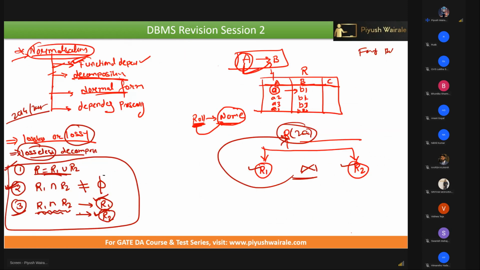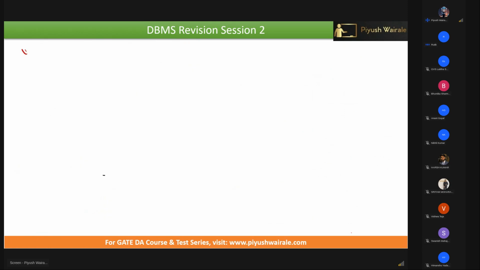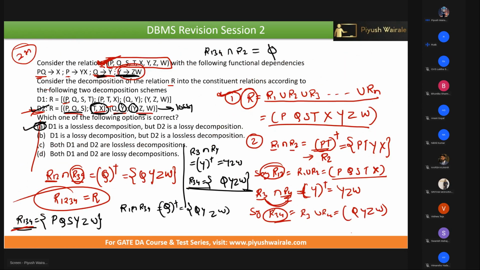Then we have normal forms here, so let's discuss the normal forms. Sir, I had a doubt. Yes. In the last question, in the first condition, that is R is equal to R1 union R2 and all that, we check whether all the elements are there in D1.